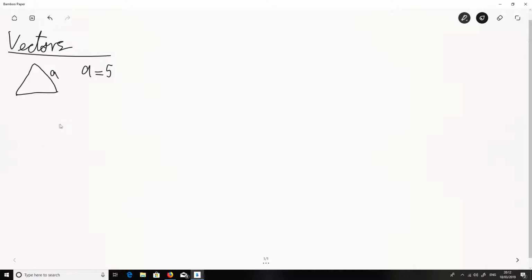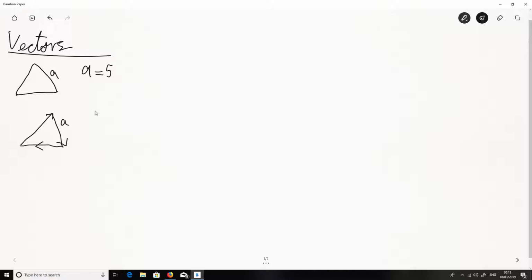But the difference with vectors is that, say if I construct a triangle out of vectors, these have direction on them. So it's a key difference because it means that you don't necessarily just add them up to get the perimeter. So say here you've got A. This has a magnitude and a direction.